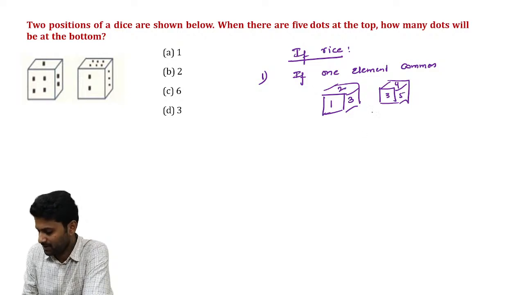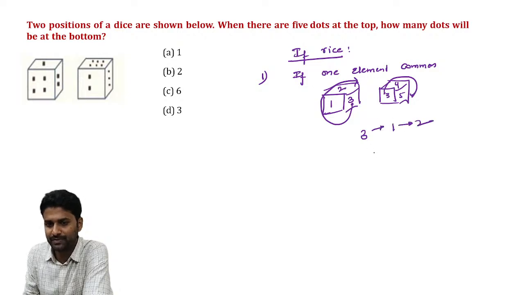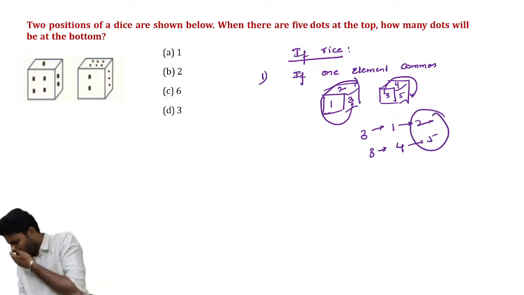If you observe, there is one element in common, that is 3. Whatever the common element, take that point and consider the clockwise rotation from both dice. Here 3, 1, 2. Here 3, 4, 5. Now you can conclude that 2 and 5 are opposite to each other.